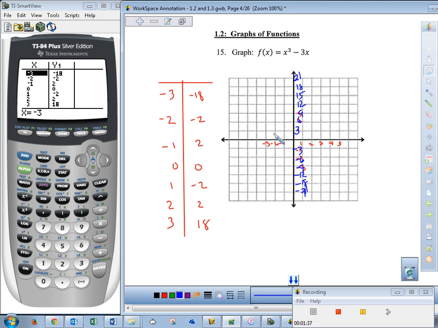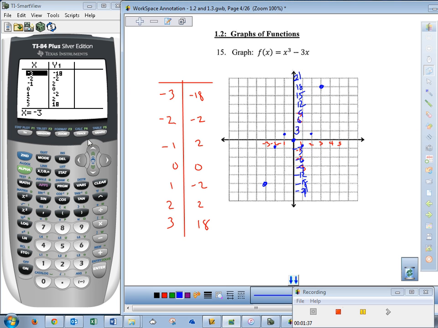And then we'll plot those points. -3, -18. -2, -2. You've got to do a little bit of guesstimating of where that's at. -1, 2, 0, 0, and etc. 1, -2, 2, 2, 3, 18.